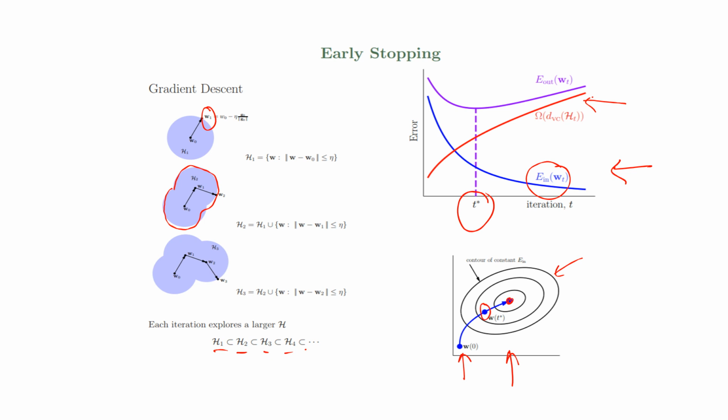And so because of the penalty that I'm paying in terms of the complexity increasing and the VC dimension increasing, I may stop at this W instead of going all the way to W star. So I'll call this W_T star, right? So this is a form of regularization. And this is known as early stopping.